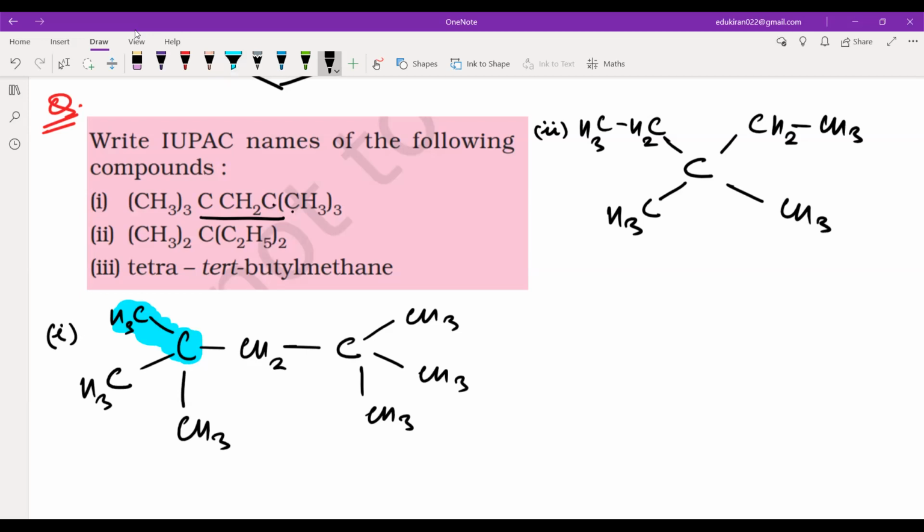I can either go rightwards or I can go downwards towards this CH3 or this CH3. So what do you think? Where are more carbon atoms? Should I go right or left or down? To get more number of carbon atoms, where are more carbon atoms, Matthew? Right.